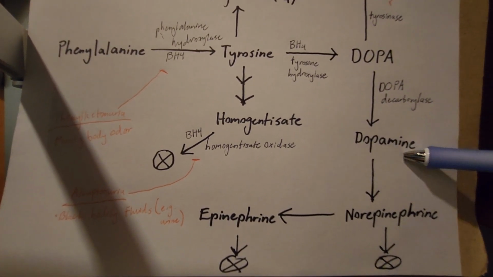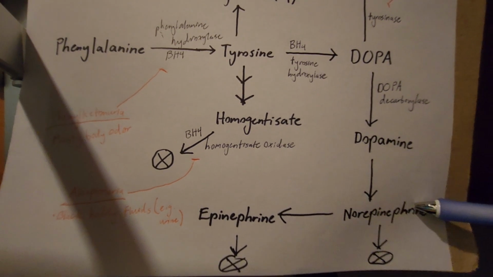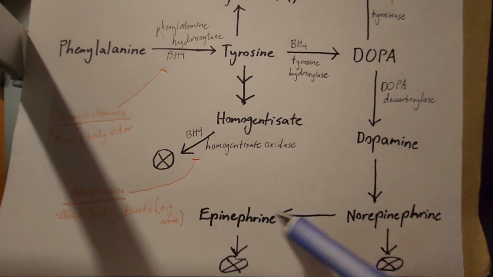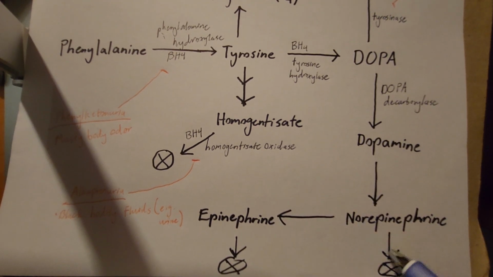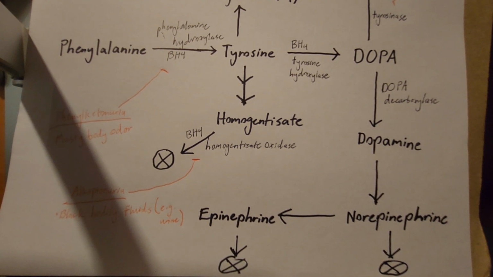From dopamine, you can synthesize the catecholamines, starting with norepinephrine and then epinephrine. I put these arrows into X's to show that these substances can go on to further reactions and get metabolized to other substances, but the identity of those substances is not important for this video. So I think I covered the major tyrosine metabolism disorders.